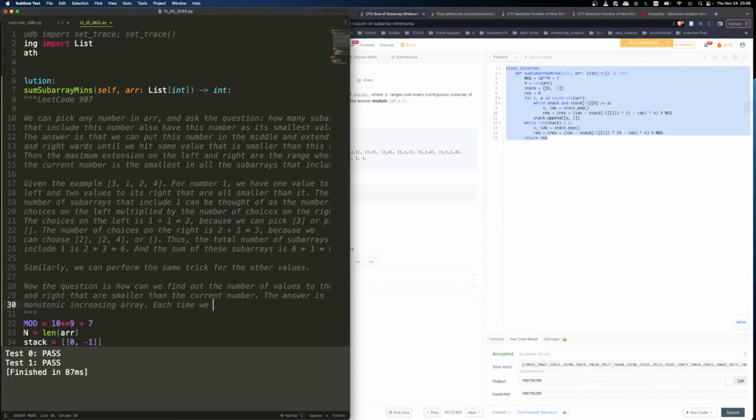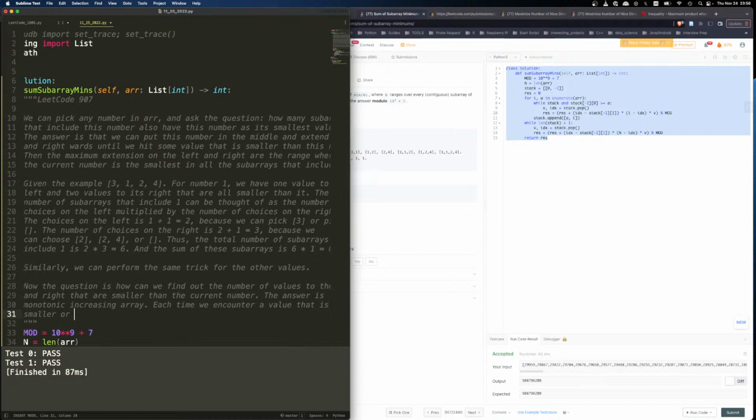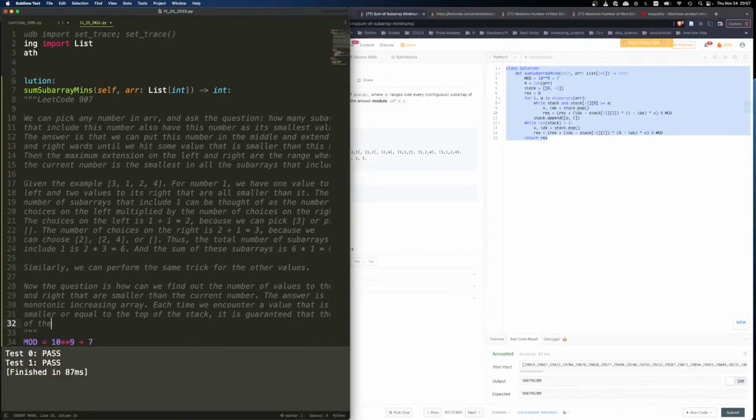Each time we encounter a value that is smaller or equal to the top of the stack, it is guaranteed that the top of the stack is surrounded, how do you say surround, surrounded on both sides by the immediate values that are smaller than it.